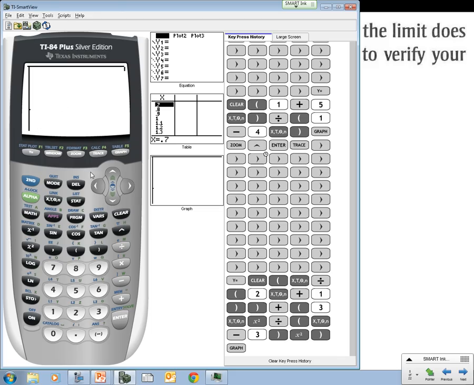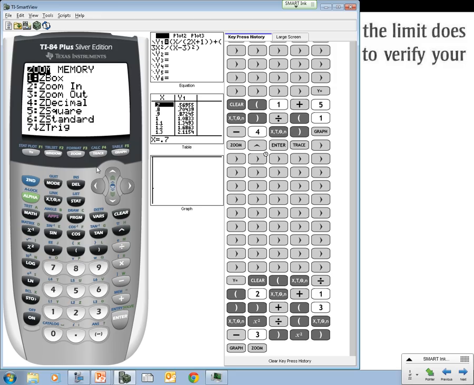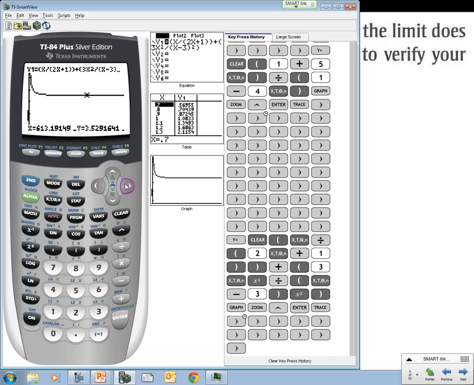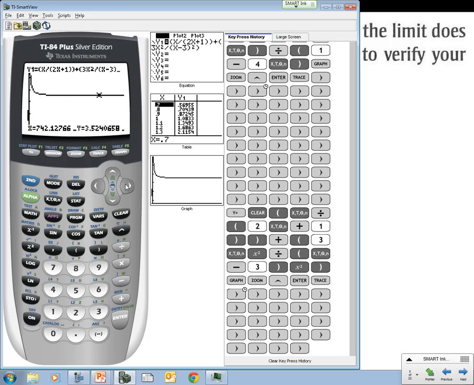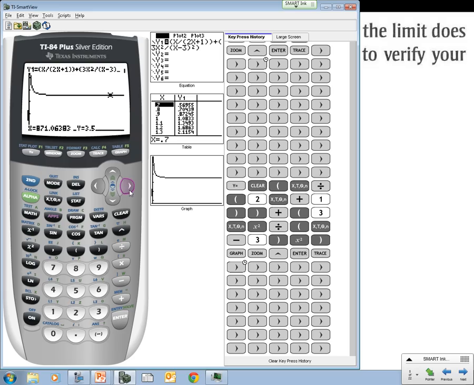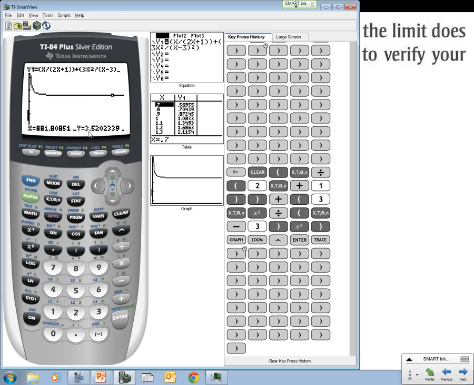Go ahead and graph it. Go ahead and do our zoom fit. And it's dropping down here. We'll go ahead and trace it. As we increase our x values, our y values are getting closer and closer to 3.5. As we move out here, it's slowly getting smaller and it's zooming in on 3.5.